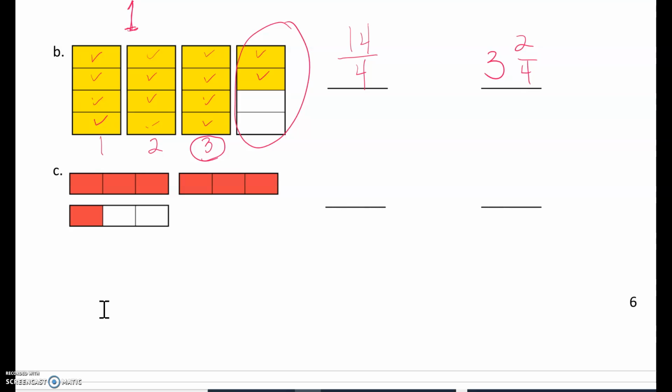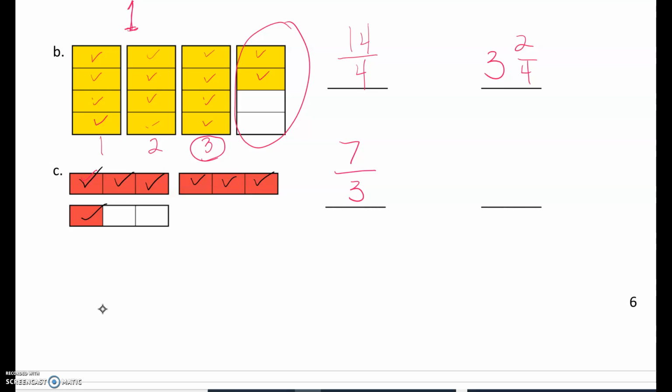Okay, so let's look at this. Each section is being broken up into 3 pieces. So my denominator will be 3. Now, how many total pieces do I have shaded? Well, there's 3 there, 4, 5, 6, and 7. So I have 7 total sections that are shaded.